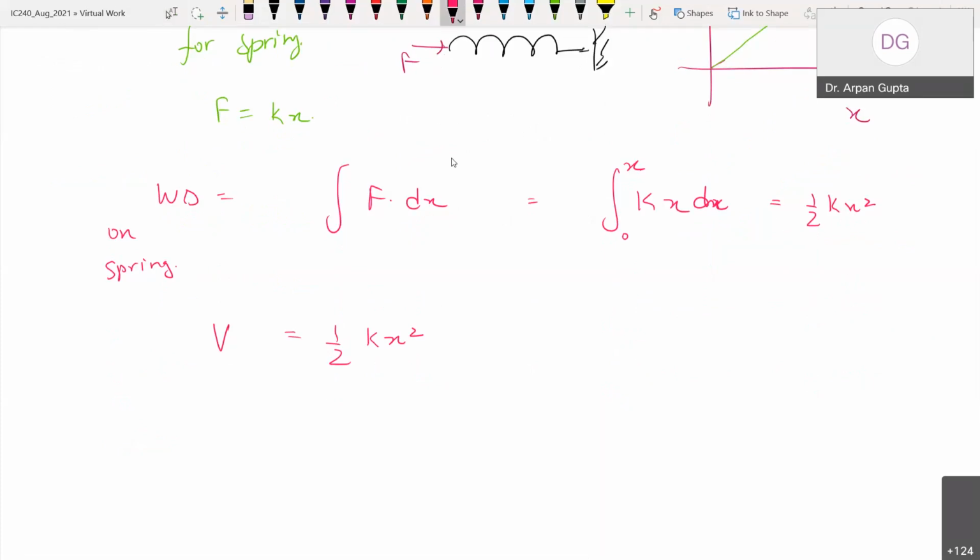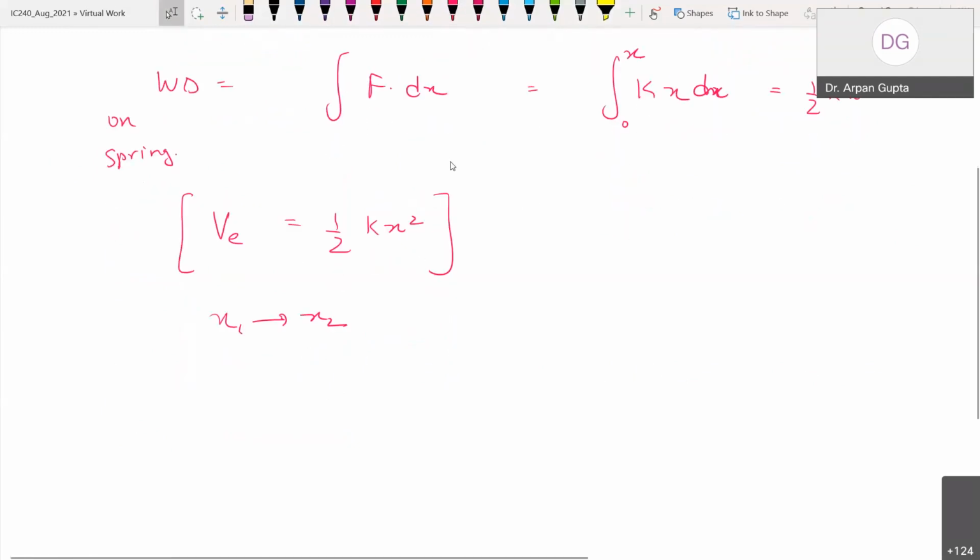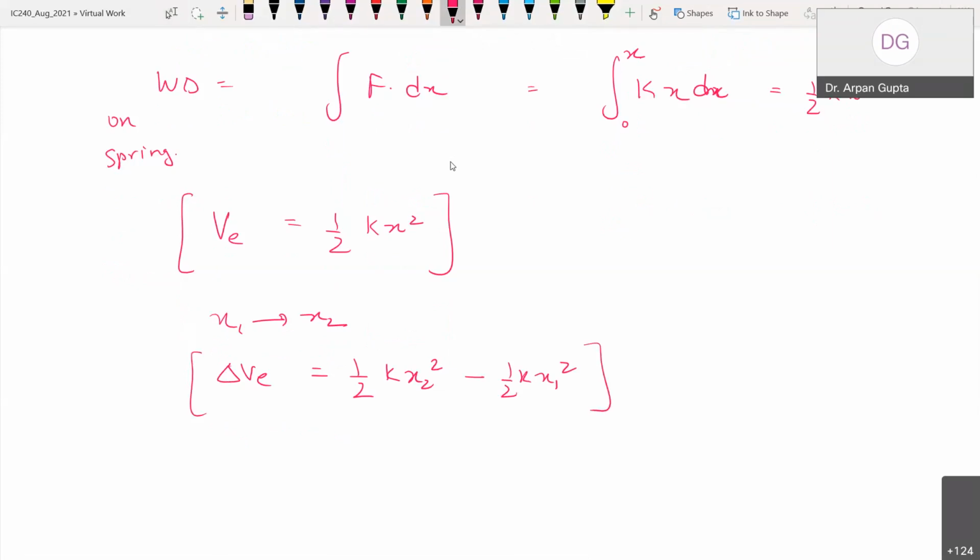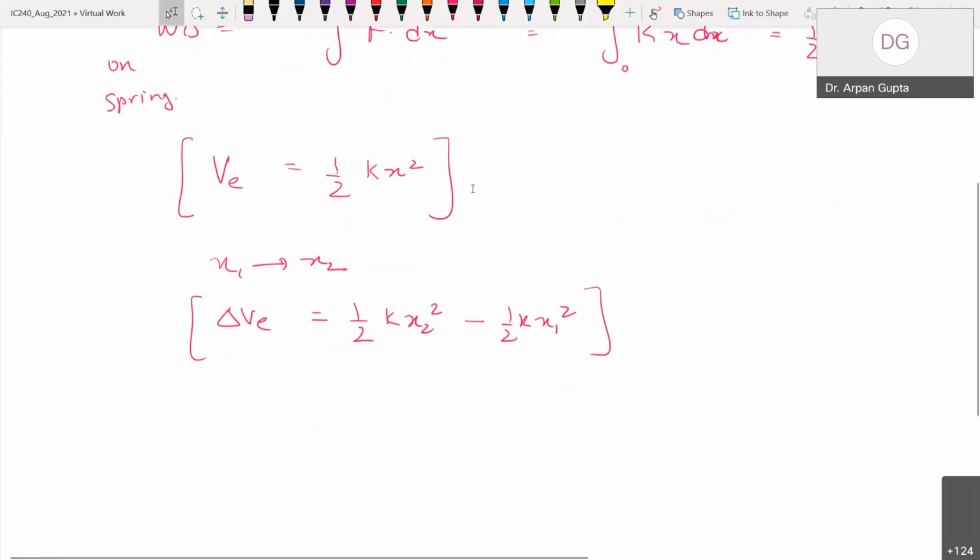That's your elastic potential energy of a spring when it goes from the unstretched length to, let's say, a compression of x. But if I have a change in length from, let's say, x1 to x2, then the change in potential energy is going to be half k x2 square minus half k x1 square, right? So that is the expression for any change from x1 to x2.